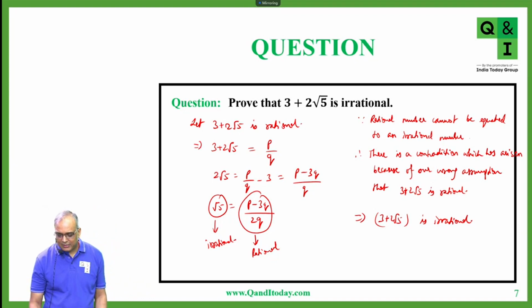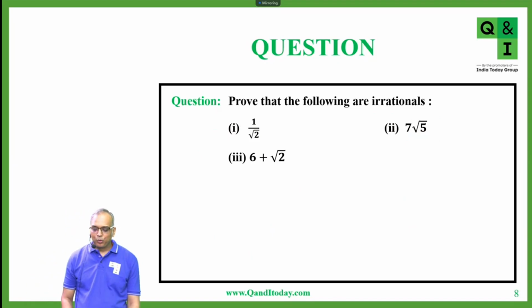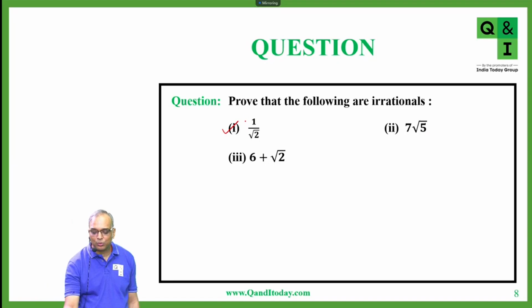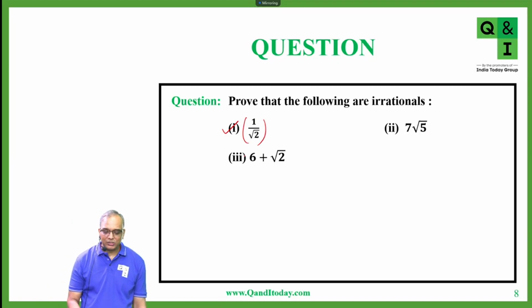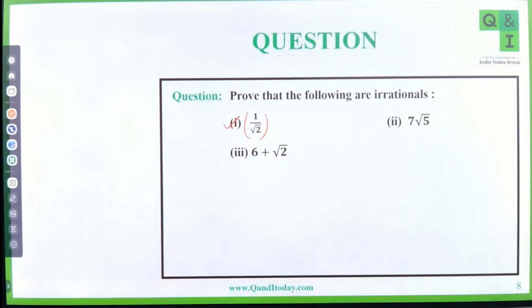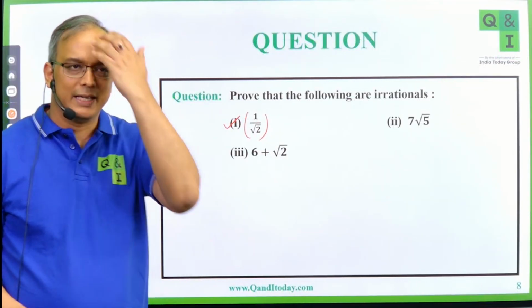Okay, students, let's move to the next question. Now, prove that the following are irrational. So first one, 1 by root 2. How will you approach this question? How will you prove that 1 by root 2 is irrational? Can someone tell me?